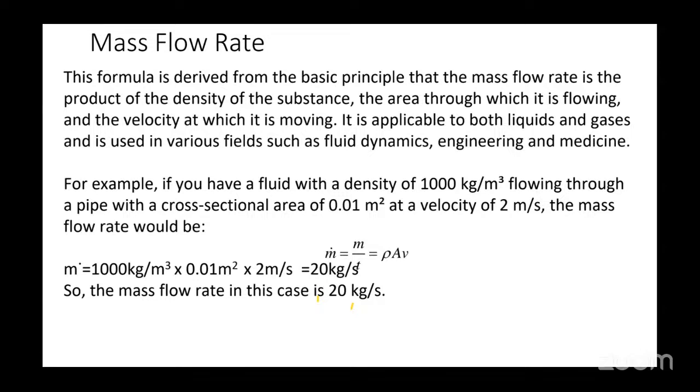Rho for density given to us as 1,000, area given to us as 0.01 meters squared, and then velocity given to us as 2 meters per second. If we multiply them together, that will give us 20 kilogram per second. Mass flow rate will be 20 kilogram per second.